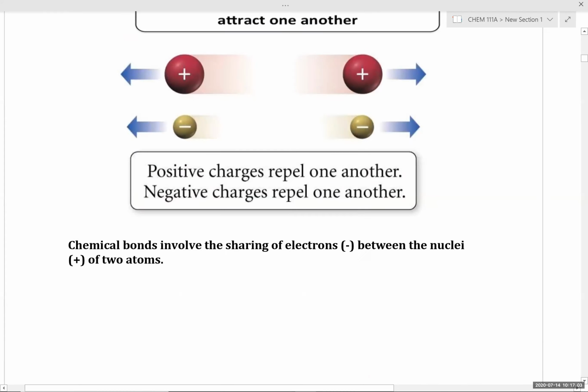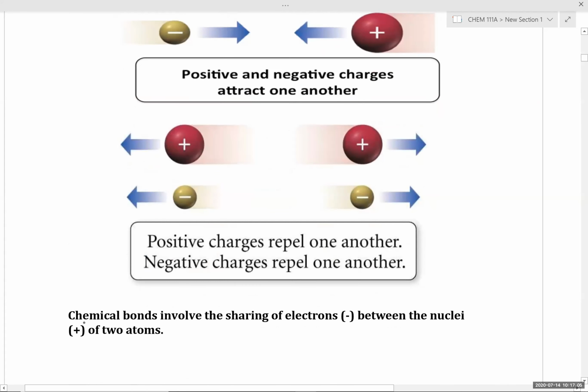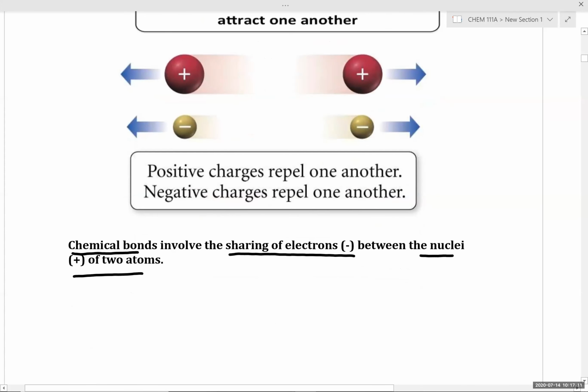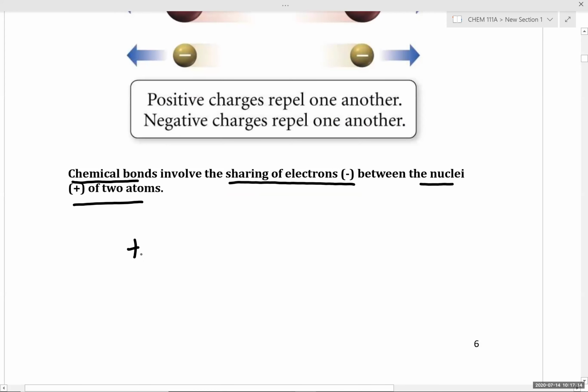Chemical bonds fundamentally involve the sharing of electrons between the nuclei of two atoms. So a chemical bond can be thought of as two positive charges sharing a set of negative charges.